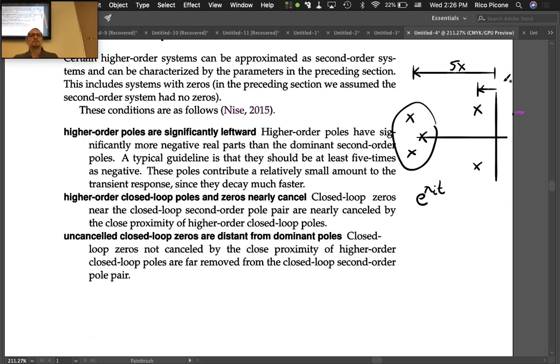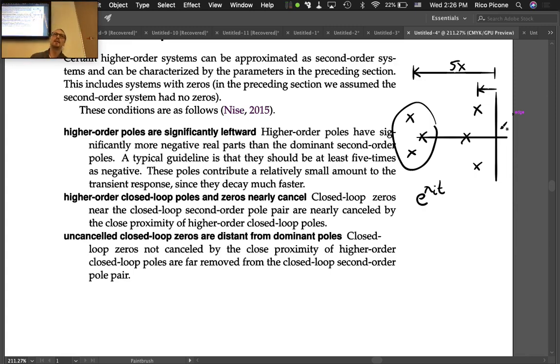Great. So the next condition is that higher order closed loop poles and zeros nearly cancel. Closed loop zeros near the closed loop second order pole pair are nearly canceled by the close proximity of higher order closed loop poles. So maybe you've got a troublemaker pole right in here.